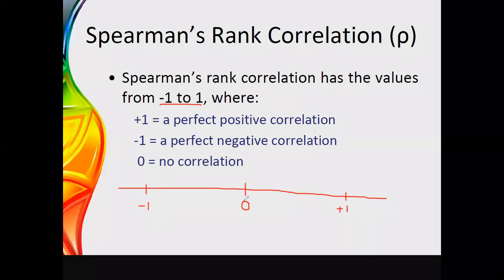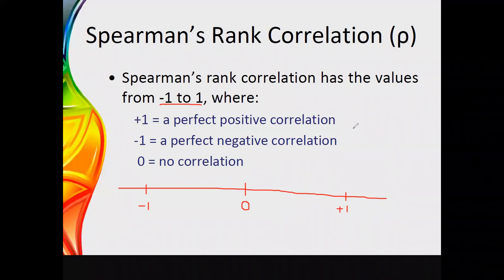Therefore, first of all, we will see what these three values define, or the interpretation for these three values. If the value is +1, then we can say that there is a perfect positive correlation, or a perfect positive relationship among these two variables.